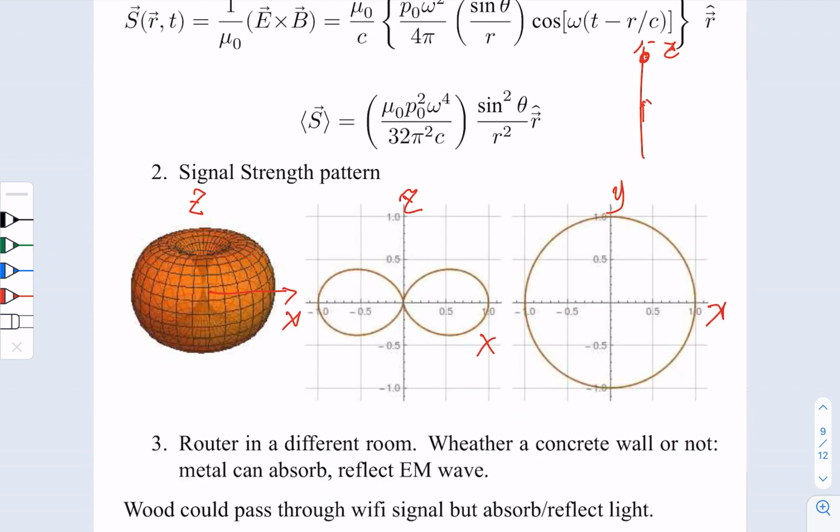Okay, so we just discussed how a single antenna's radiation pattern looks like, and it's sort of donut shaped. It's actually weakest in the direction of your antenna, but the strongest around the side.